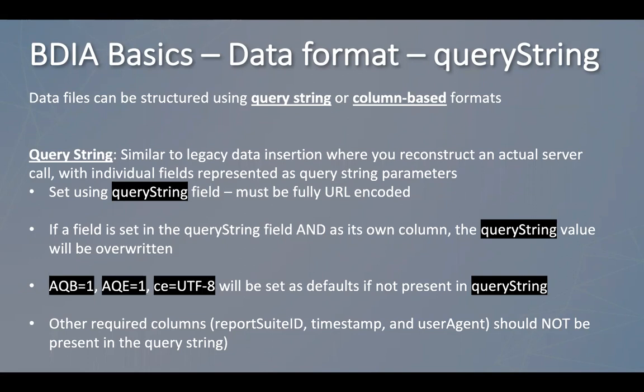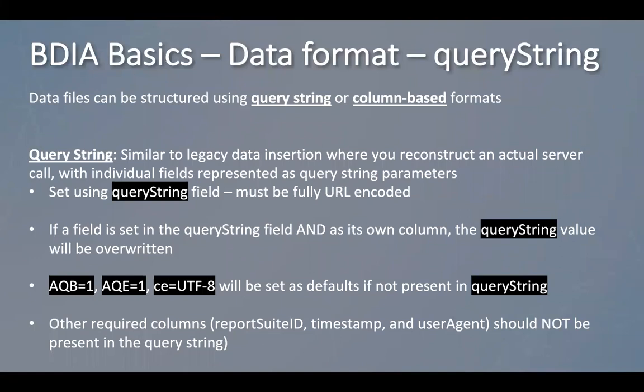So you can add those. Of course, if you're using some other type of encoding, you would want to set the CE parameter, but just know that those are not required and they will be set as defaults if they're not included. And then one final point there is other required columns, say the report suite ID, the timestamp, or the user agent, should not be present in the query string.